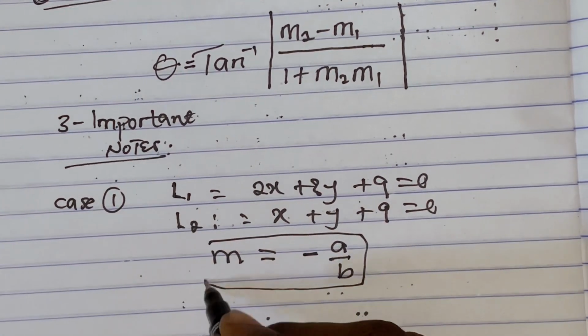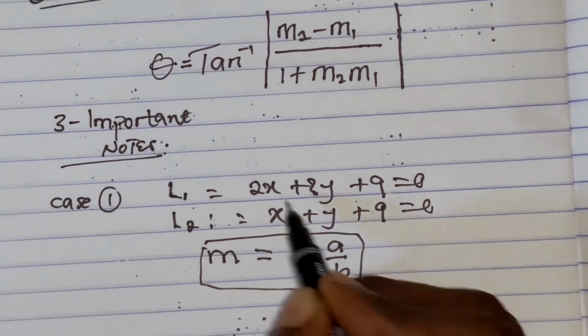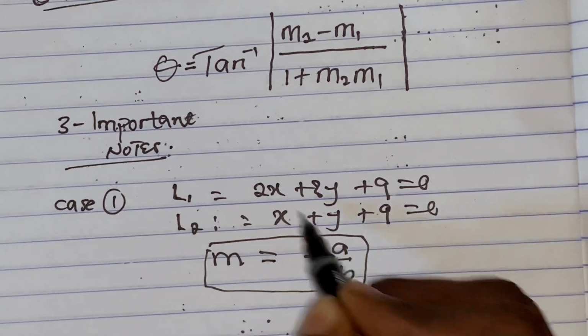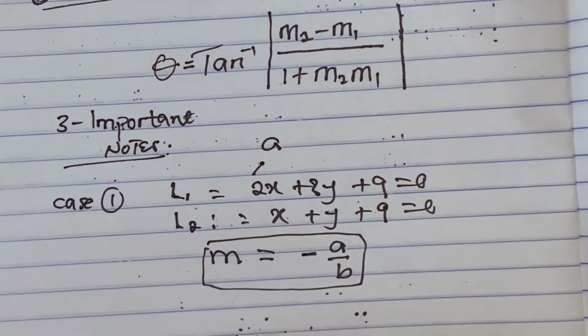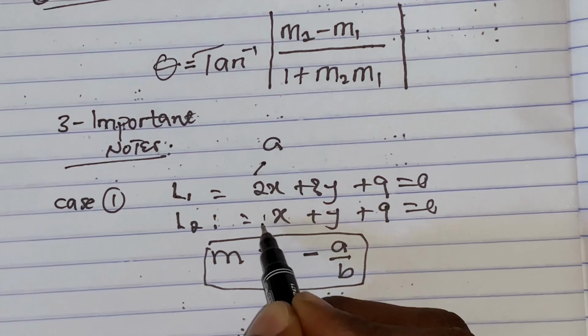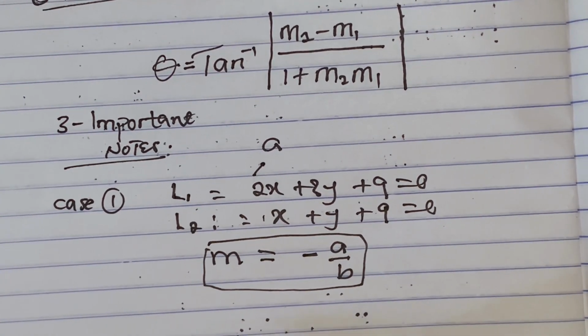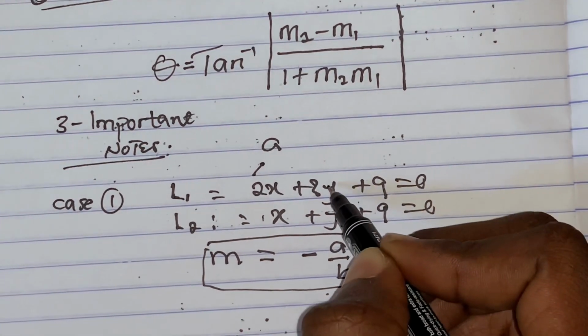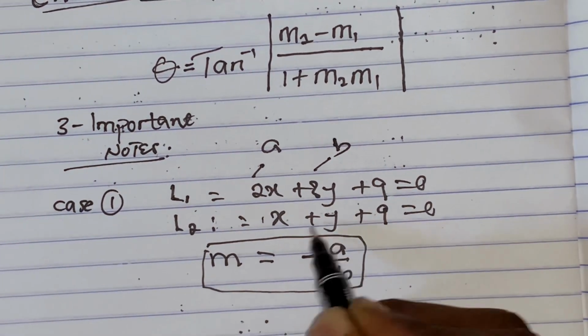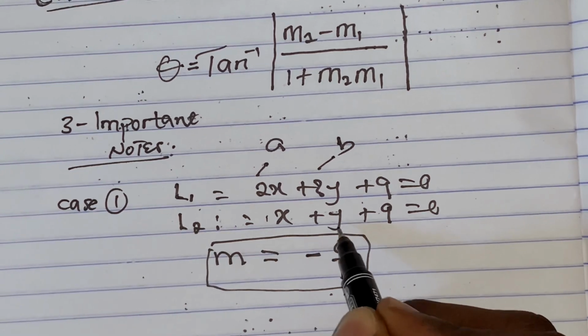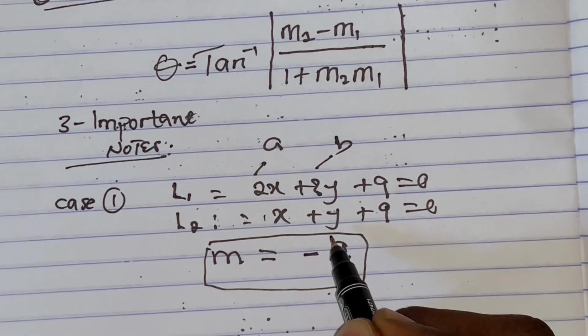Keep this in mind. Whereby a from the given line is the coefficient of x. We can call this 2 as a, and 1 as a also here in the second line. And b is nothing but the coefficient of y, that is 3. And from this second line, the coefficient of y, 1, is also b.